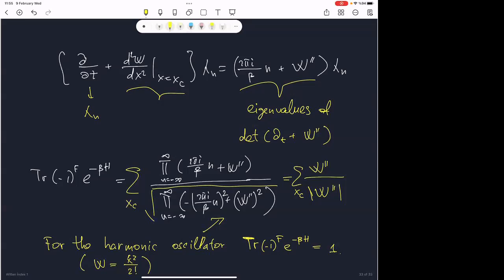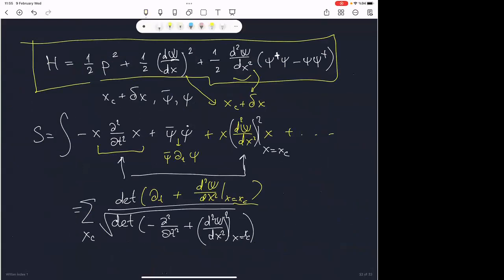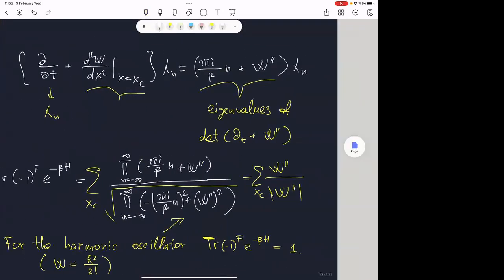Okay, if not, then let's do at least this part in the case where we have a deformed potential. Coming back to this point, we want to compute the trace of (-1)^F e^(-beta H). We want to compute this Witten index, and I'm saying it's a sort of topological invariant.